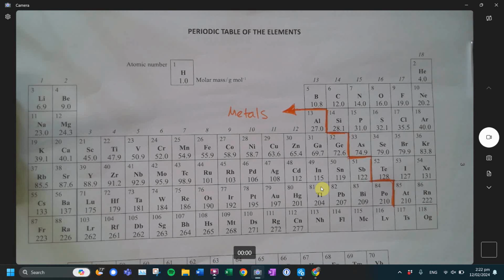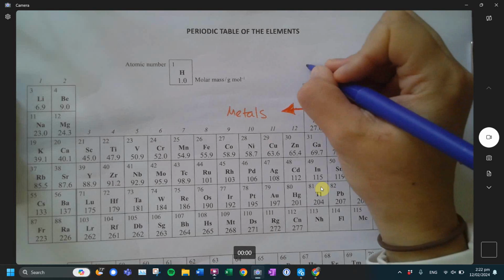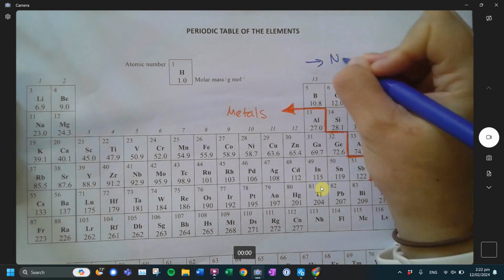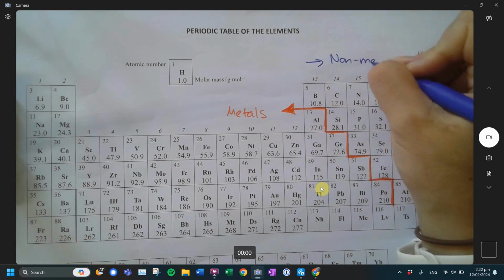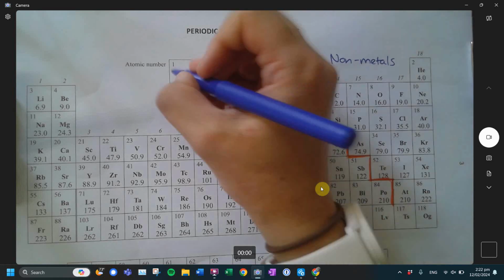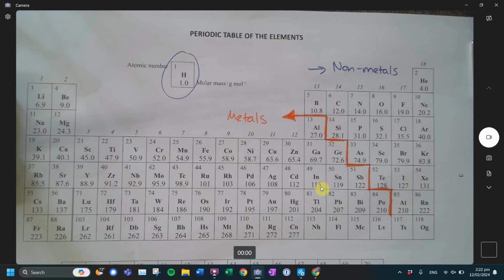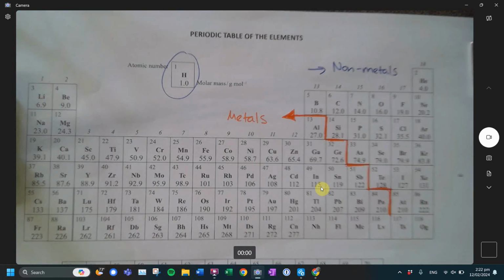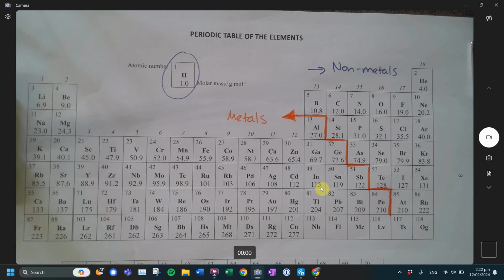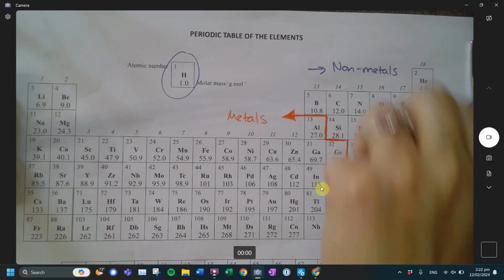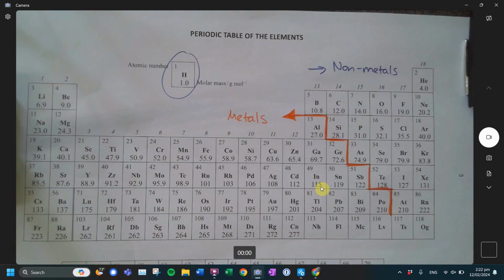Then anything on this side will be your nonmetals, with hydrogen being included in that nonmetal. I'll give you guys a moment just to make sure that's down, because that's going to make your life a whole lot easier when we're trying to do our classification if you know where that line is.